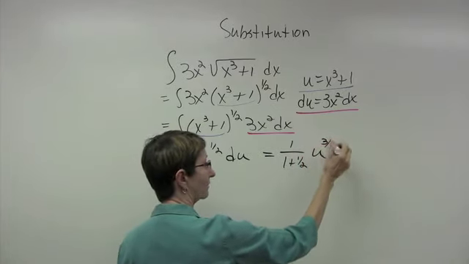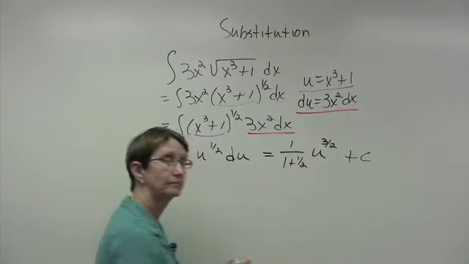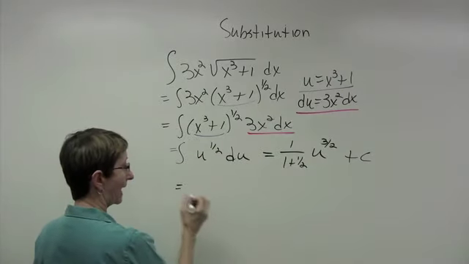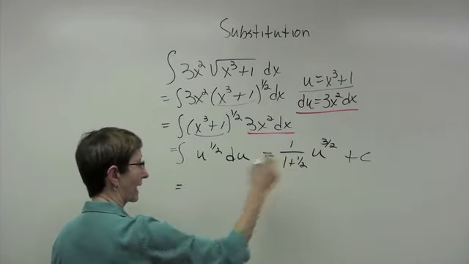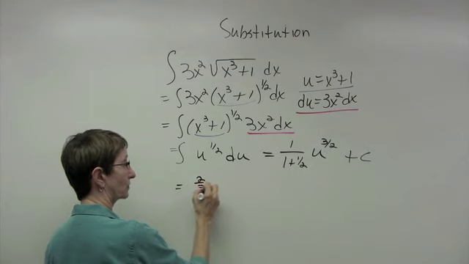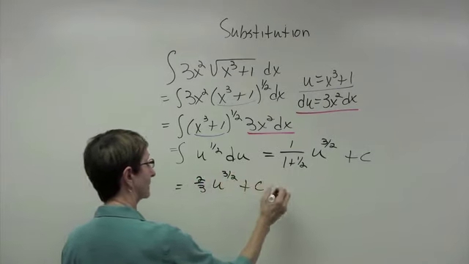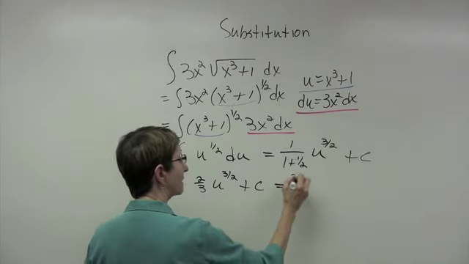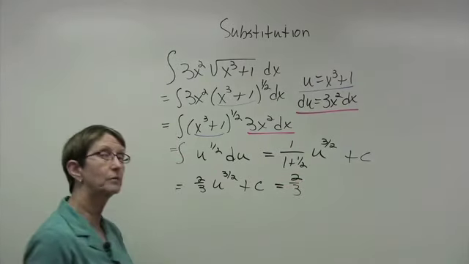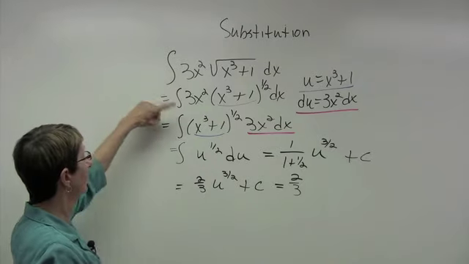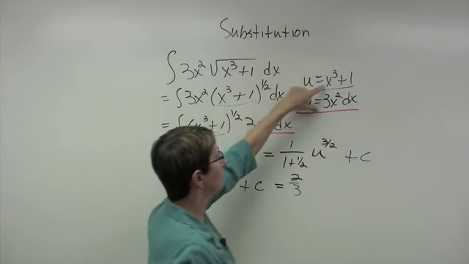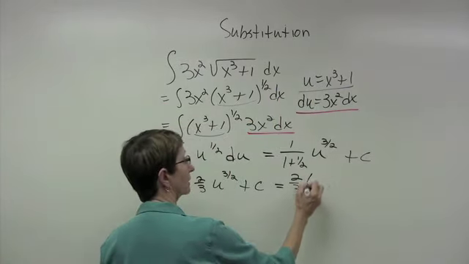I'll just keep it like that for now, and then plus c. So I have 1 over 3/2 gives me 2/3 u to the 3/2 plus c. And my last step is to go back to the variable I started with. U is equal to x to the 3rd plus 1.